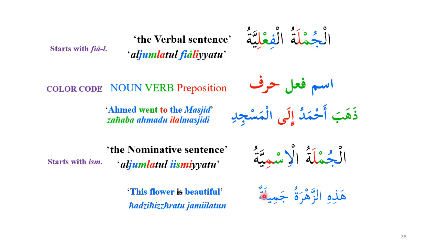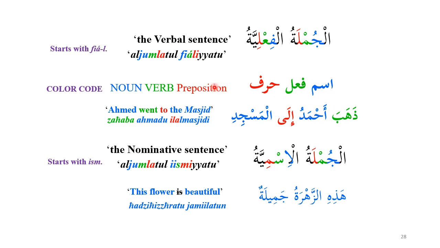And this jamilatun has the ta marbuta, and that's why hazihi is used instead of haza. These tidbits you learn in no time, no problem. But one thing to notice is that in this sentence, because the verb is used first, this means the verb is more important. Whatever is more important is brought first in the Arabic language.